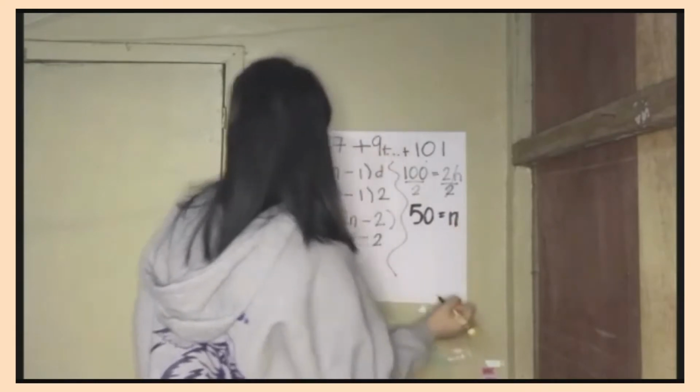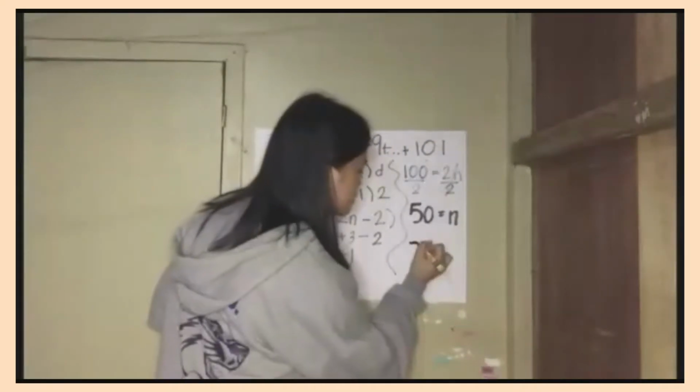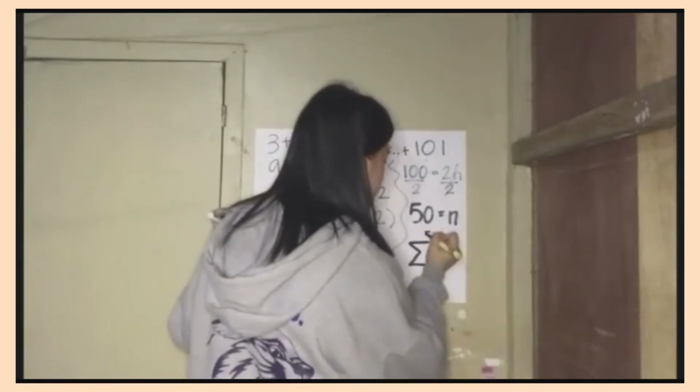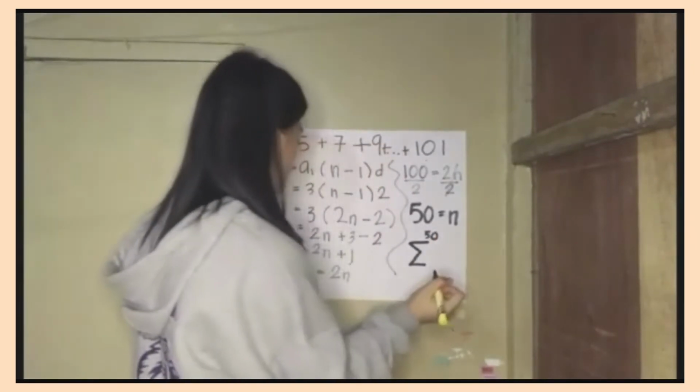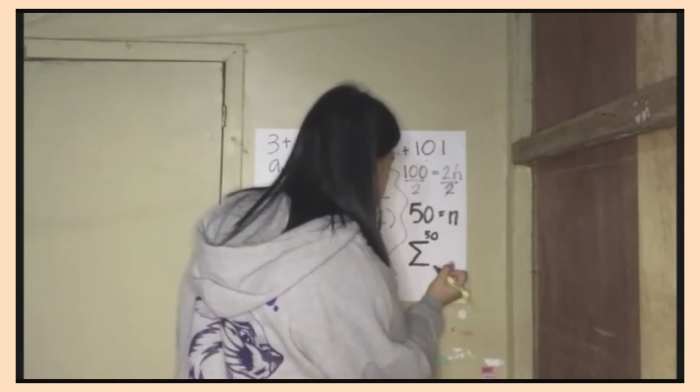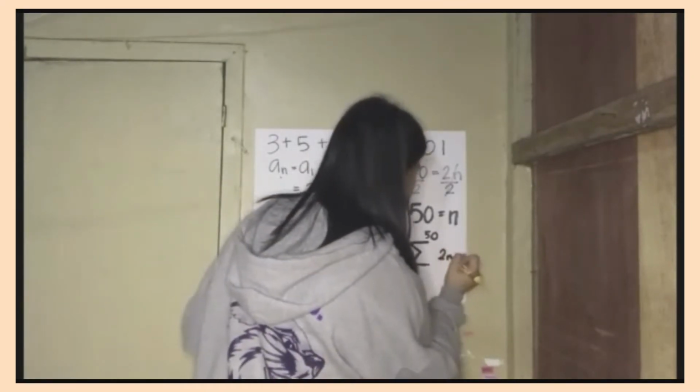And we can construct our sigma notation. First, we put a sigma symbol, put the ordered element, which is 50, and our final answer, the 2n plus 1, and our n is equal to 1.